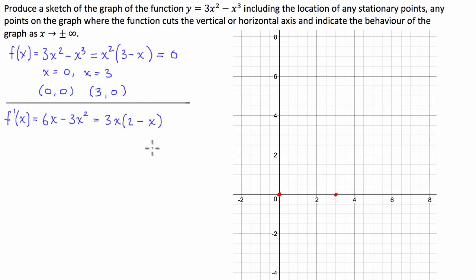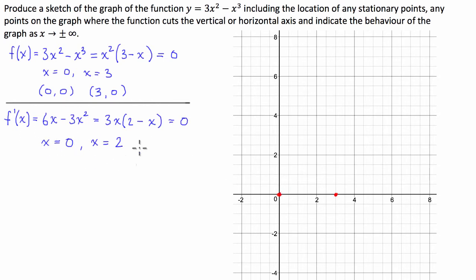Now at the turning points or the stationary points, the first derivative is equal to 0. So we can use the null factor law just like we used here to say that either x is going to be equal to 0 or x is going to be equal to 2.